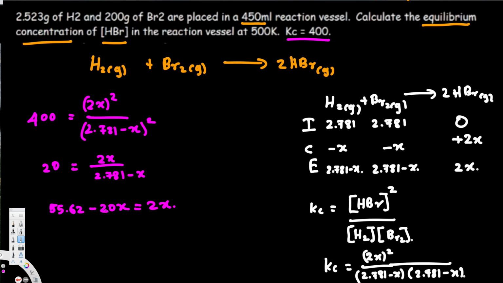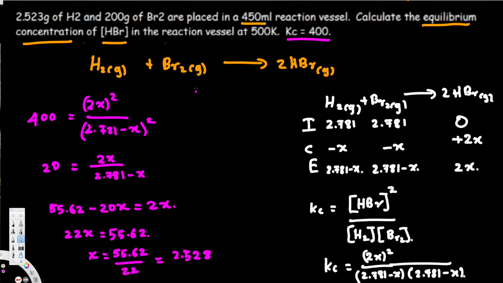Now if we bring this 20x to this side, that's going to be 22x, which is equivalent to 55.62. Therefore x is going to be equivalent to 55.62 divided by 22, and that's where that value is, 2.528, right? 2.528. So this is our x value.